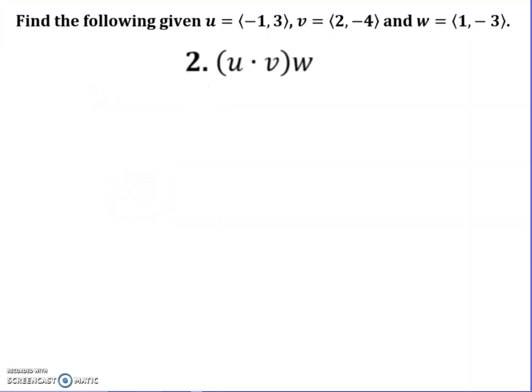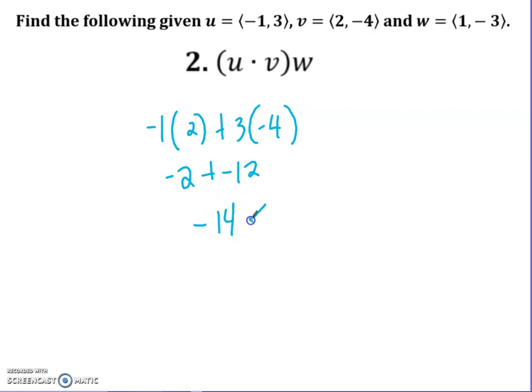Here we go. Now it says, find the dot product of u times v and then multiply it by w. Okay, so the dot product of u times v will give me one number. So we're going to go negative 1 times 2, plus 3 times negative 4. We need to find this dot product first, so we get the value of negative 14.